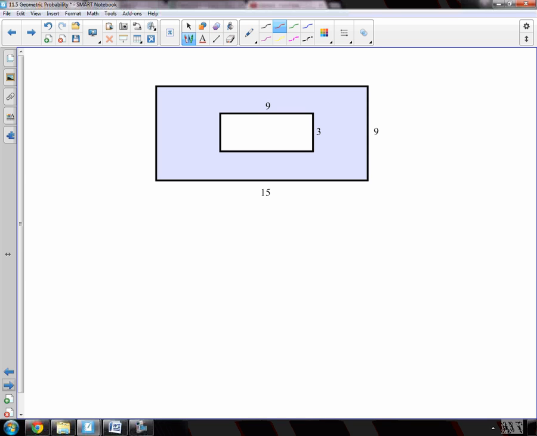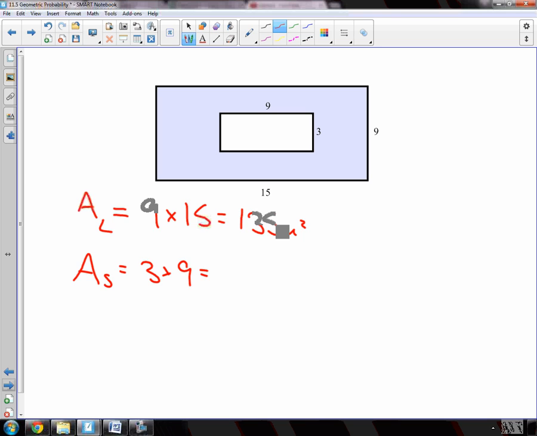Good. So we had the larger rectangle, which is found by 9 times 15, which was 135 units squared. And the area of the smaller rectangle is 3 times 9, which is 27 units squared. And so the total shaded region would be 135 minus 27. What does that give us?